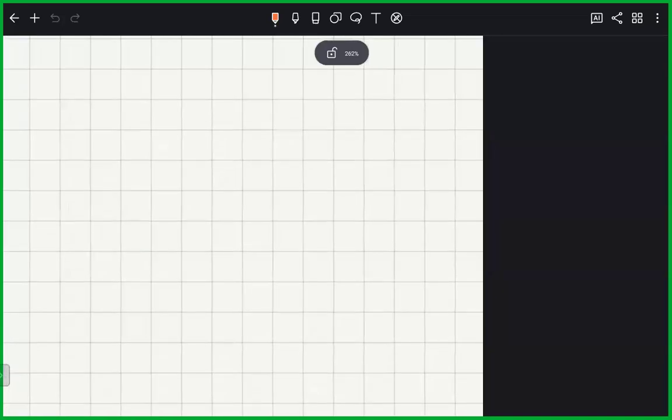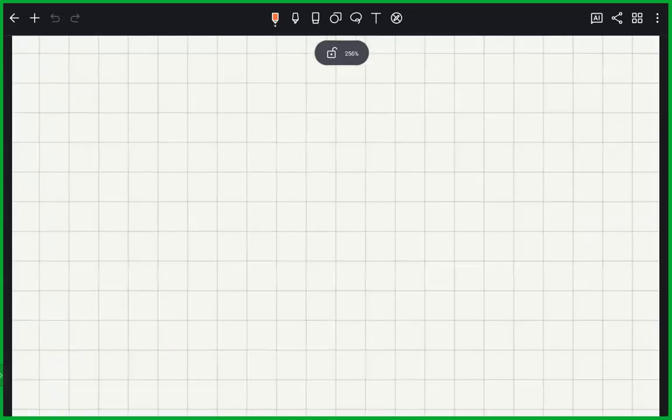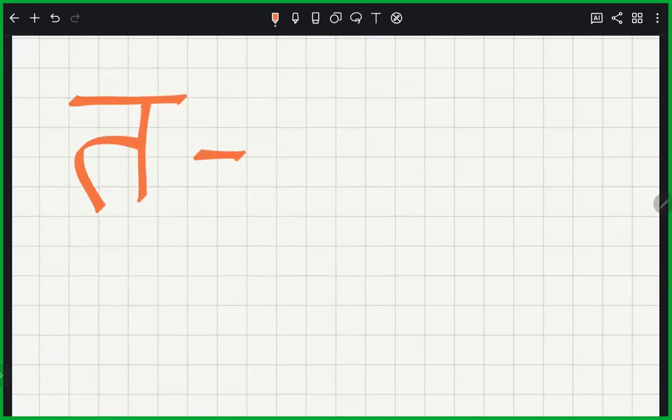So the varg, the first letter from varg, tha. Now in this case, we draw a Shirorekha. We draw this, how we draw 3, it's just like 3. It represents the number 3.